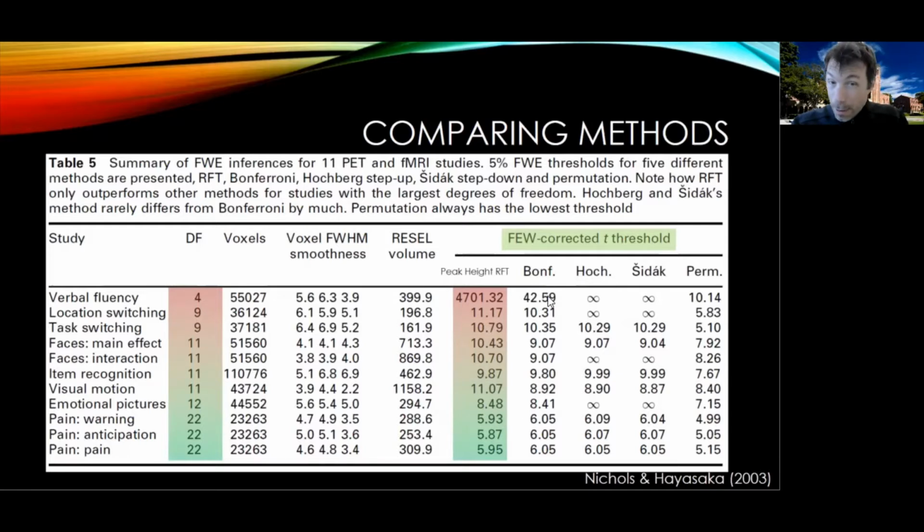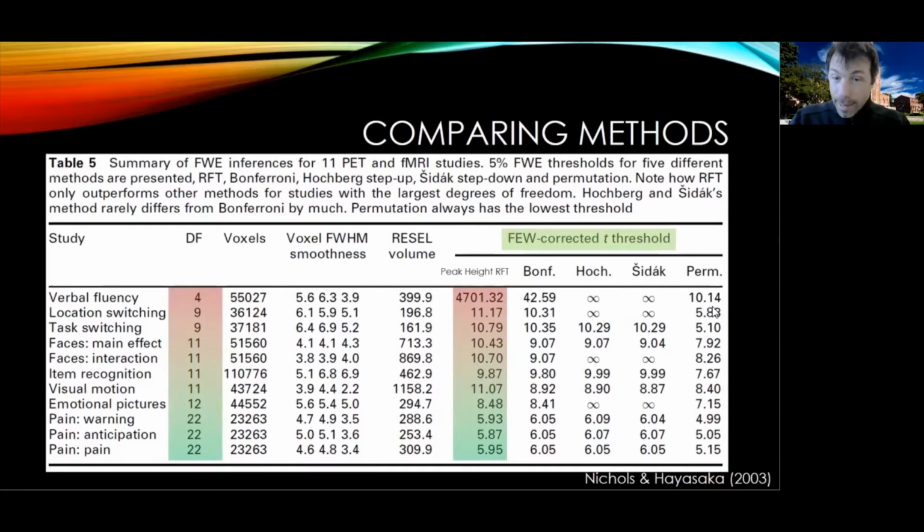Bonferroni is fairly similar. It also has a very high threshold at low degrees of freedom, and the more degrees of freedom, the more it decreases. As they remark, Hochberg and Sidak are pretty much equivalent to Bonferroni most of the time. But the permutation analysis always gives you a smaller threshold.